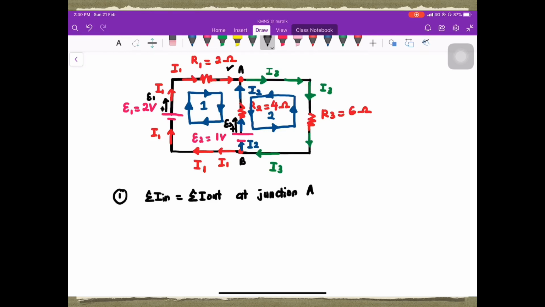This is I1, this is I2. So I1 plus I2 equals the current out from the junction, which is I3. Therefore, I1 plus I2 minus I3 equals 0. Equation 1.